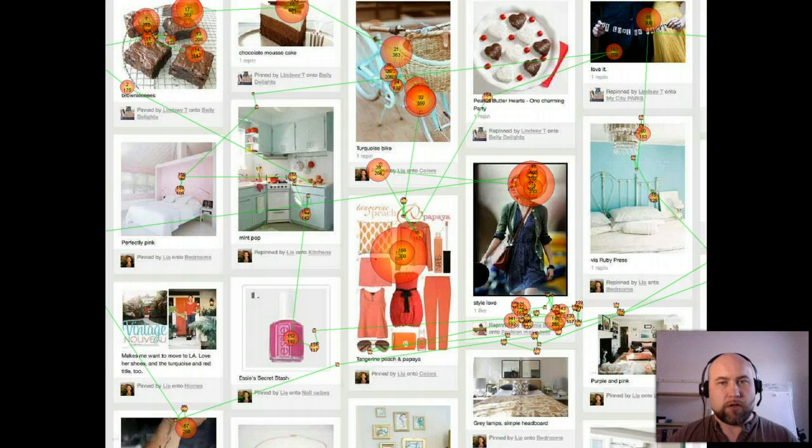So this is a screen dump from Pinterest, the social imaging site. And we have here eye movement tracking. So the green lines are how the eye moves over the page, and the red circles are where the eye stops and dwells. And as you can see, the images take precedence. They are the most interesting things in this context.